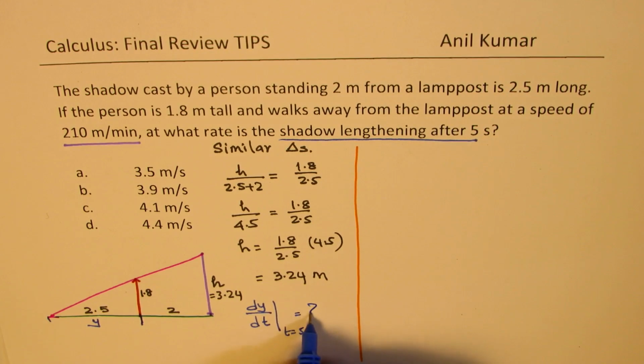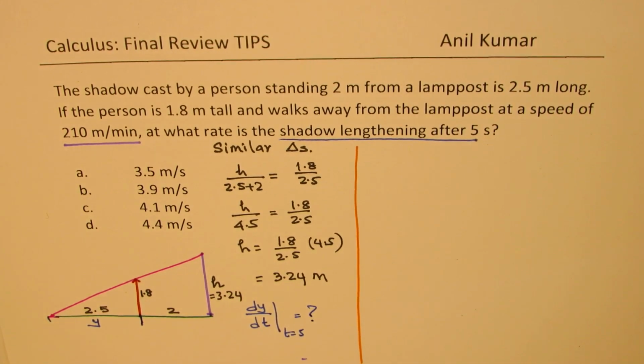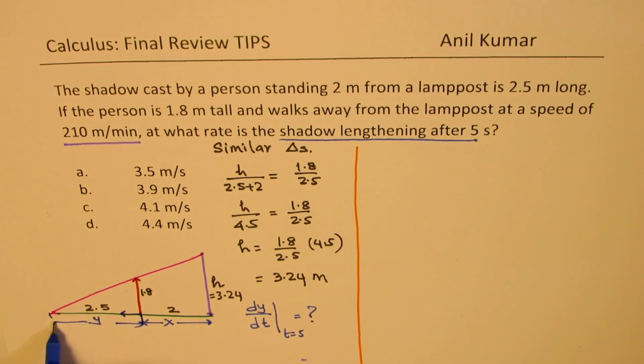Is that clear to you? This is what we need to figure out. And as the person is walking away from the lamppost, we can say this is x, right? So we'll assume this to be x. As the person walks, x changes, shadow also changes. So these are the two variables. How do we relate them?